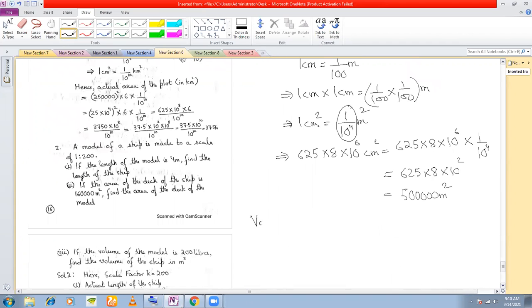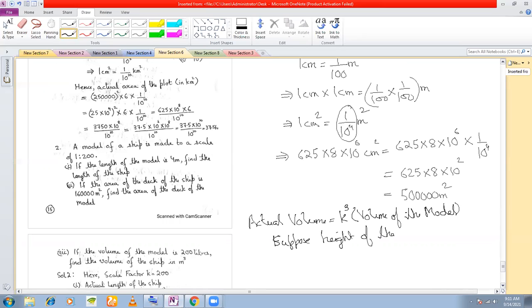Then the actual volume will be equal to k cube times volume of the model. Suppose height of the model, let's say, is 3 centimeter.